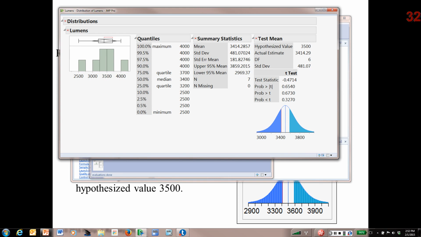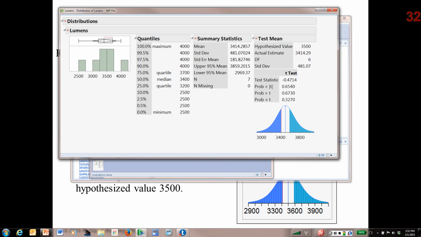Why? Because 3,414 is actually pretty close to 3,500. Well, how do we measure closeness? We calculate the p-value. That was Fisher's solution. So the p-value is just the probability. Look at the shaded areas under the Student t curve. It's just the probability I could have seen a more extreme value.